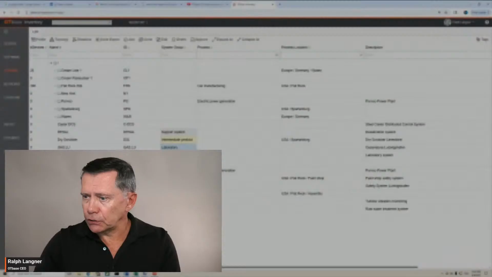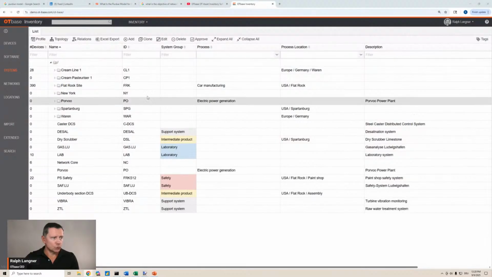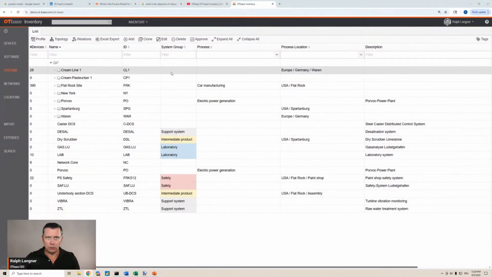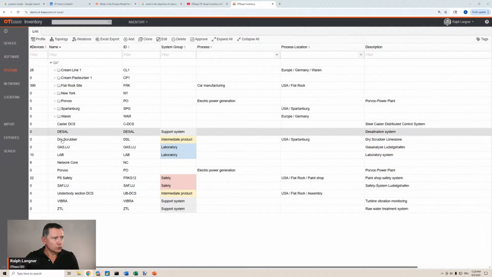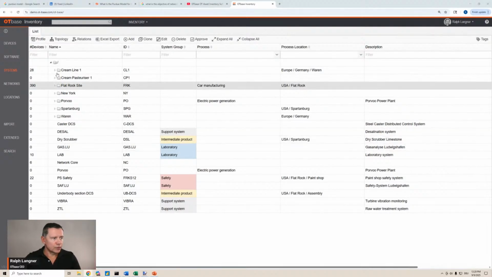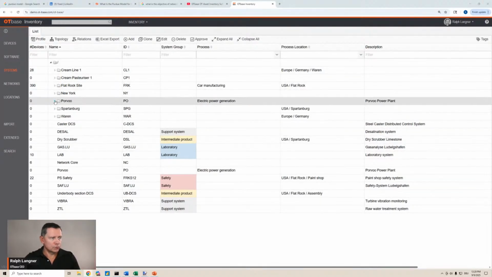So you have a conceptual framework for that. And if you are also using the OT-base OT asset management system, this becomes fairly easy, because OT-base does allow you to structure your whole OT architecture using ISA 95 concepts or the modeling, right?